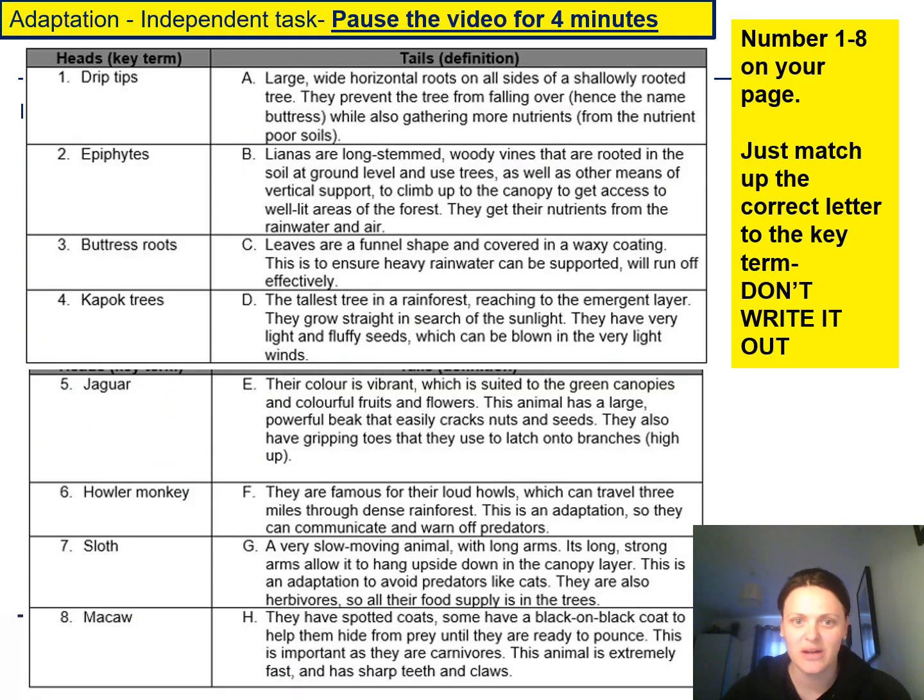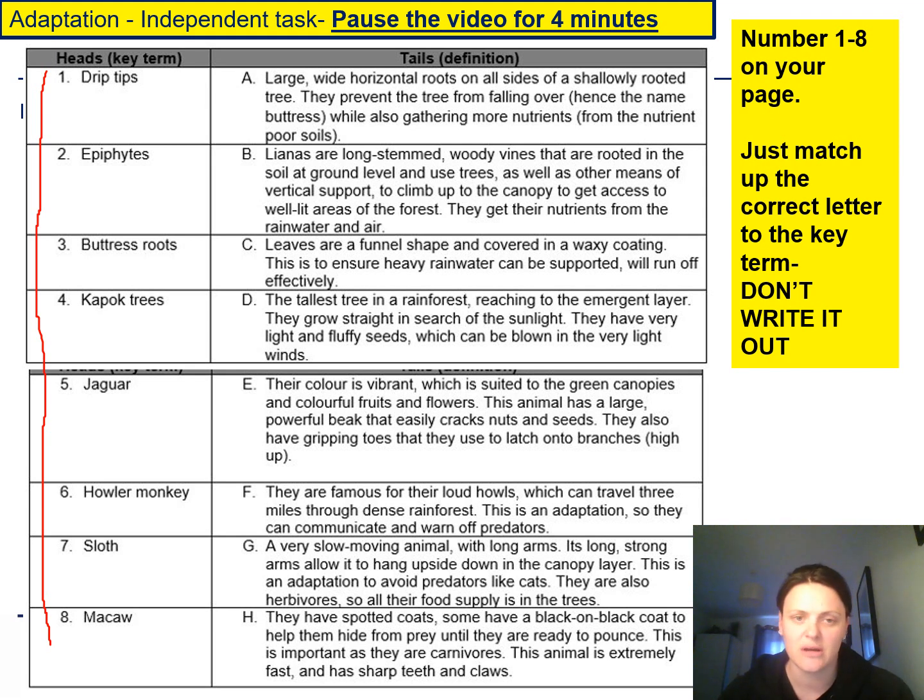All right, guys, so in front of you now, it might look a little bit daunting, but it really isn't that much for you to do. What I want you to do is have a look here. You've got 8 key terms, things we've looked at already, so they're all really familiar to you. On the other side, you've got A, B, C, D, E, all the way to H, and these are the definitions.